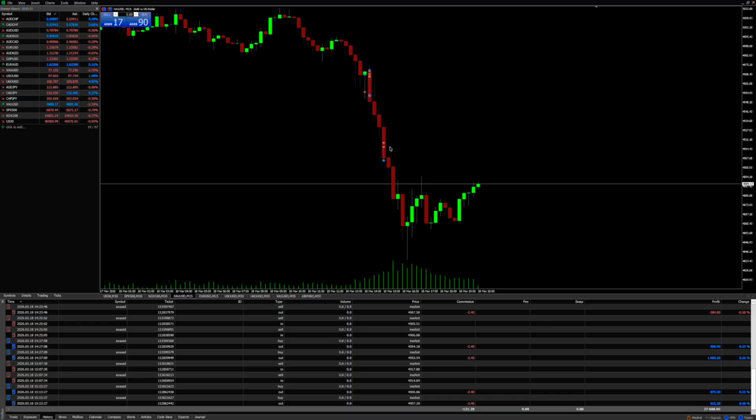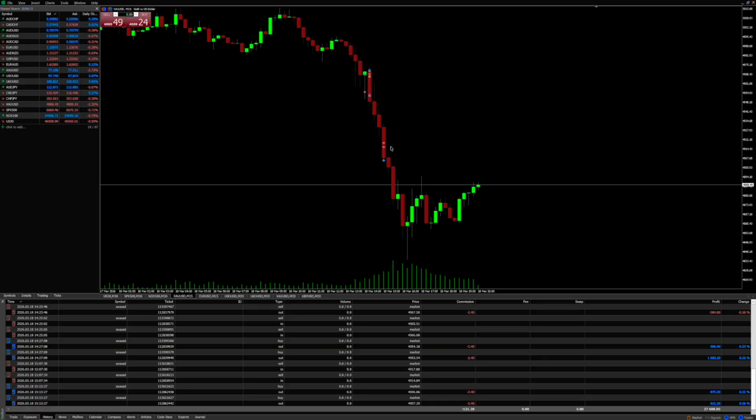As you can see, the first trade in gold was a loss. This one we lost around $1,400. But here we captured maybe 10 pips, and here we may have captured around 4 to 5 pips.